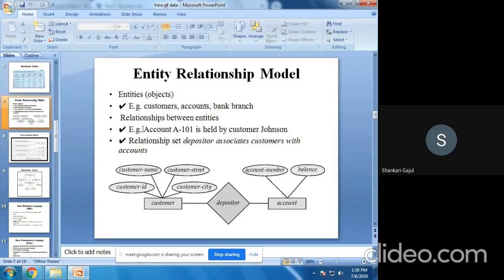For example, the customer and the account are entities, these are the objects. And when I want to make a relationship between two or more objects, I call it the data and the relationship between the objects.